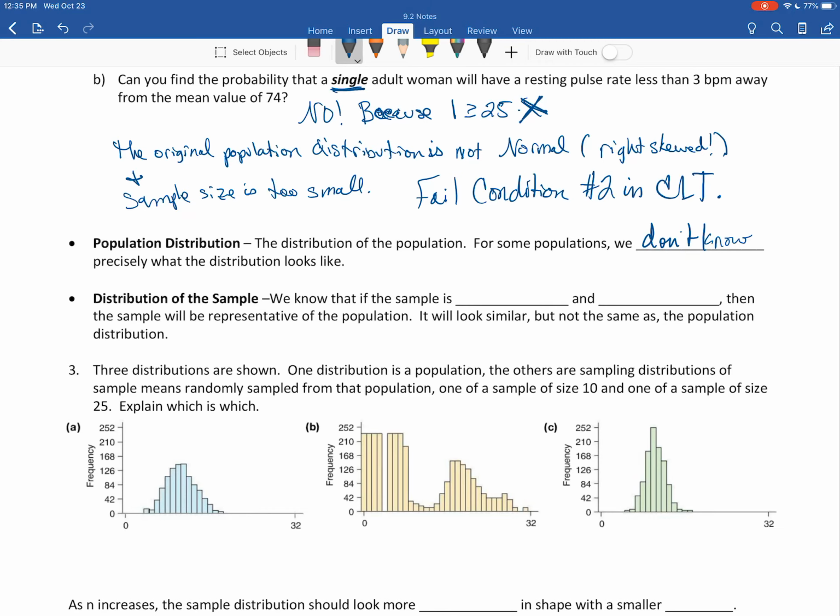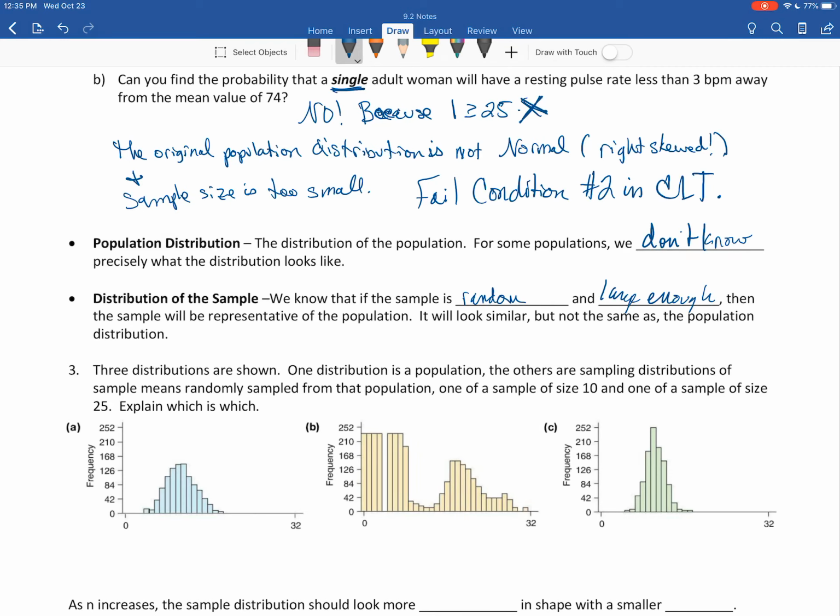They could be anything, multimodal or skewed or anything. Now the samples, what we do know about them is that if the sample is truly random and large enough, then the sample should be representative of the whole population.